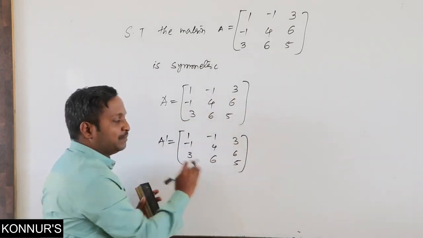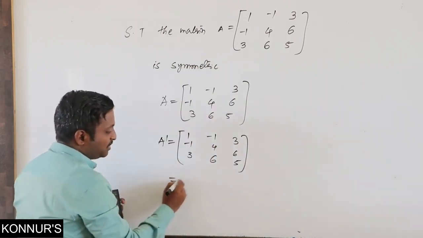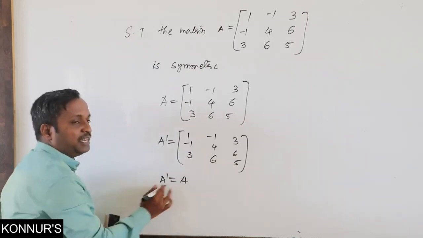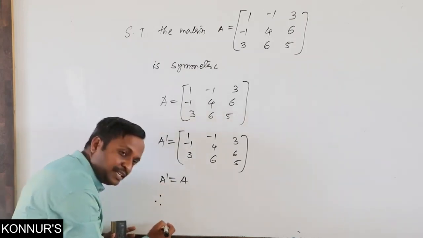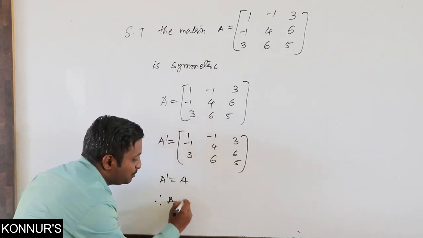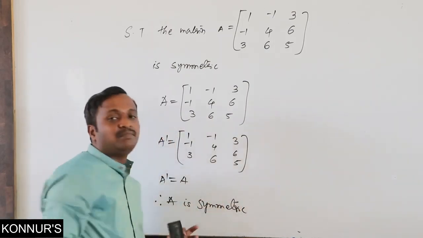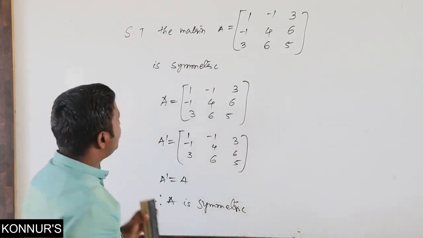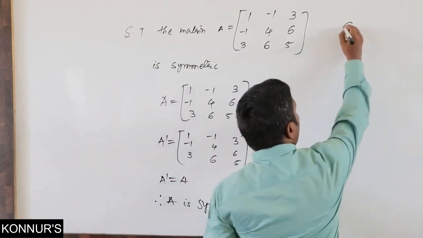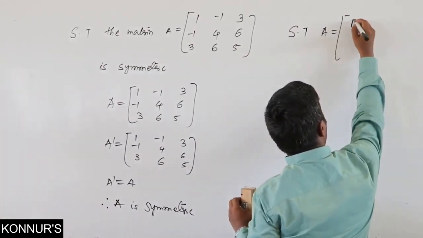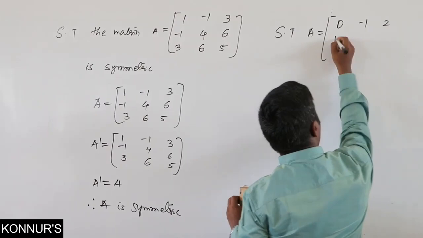Even though, both are same, looks exactly same. So this is nothing but A dash is equal to A. Conclusion: A dash equal to A. Is it the definition of symmetric? Yes. Therefore A is a symmetric matrix.